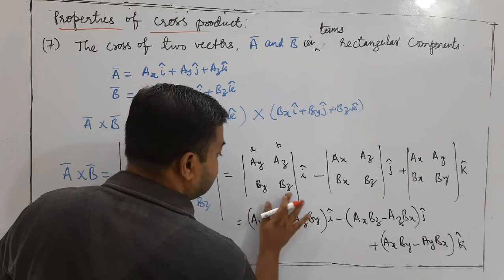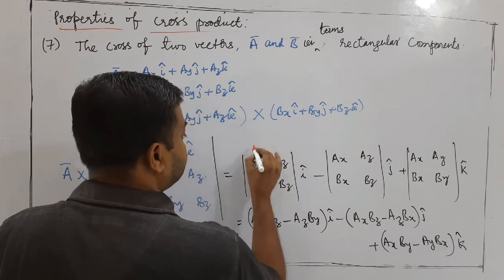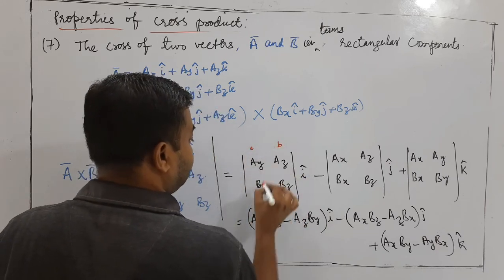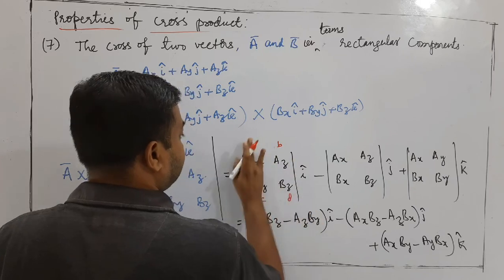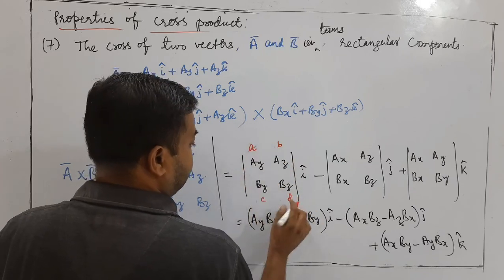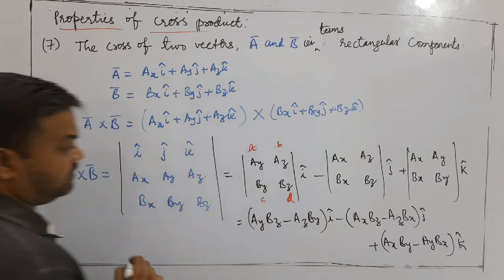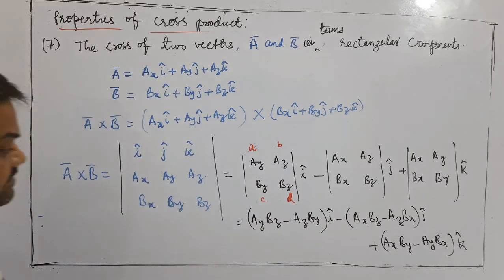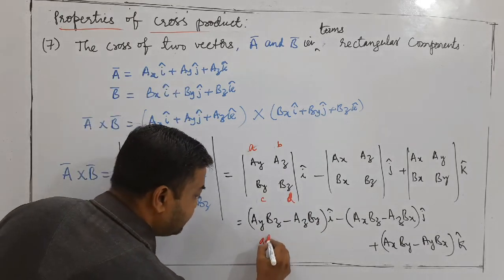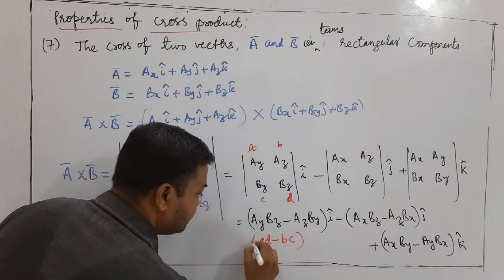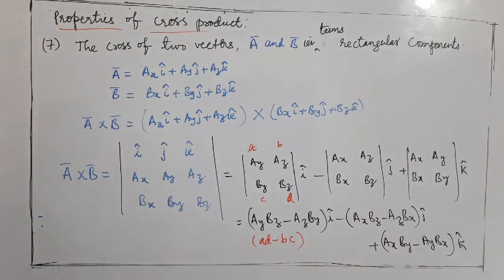Better you write this one A, B, C, D. AD minus BC. Just for understanding this one.